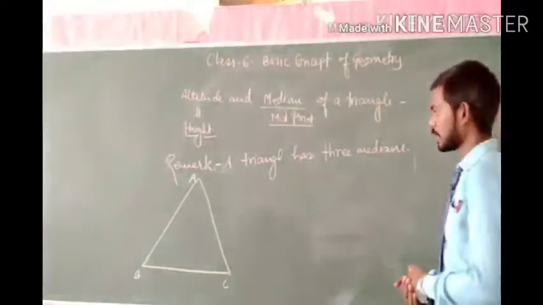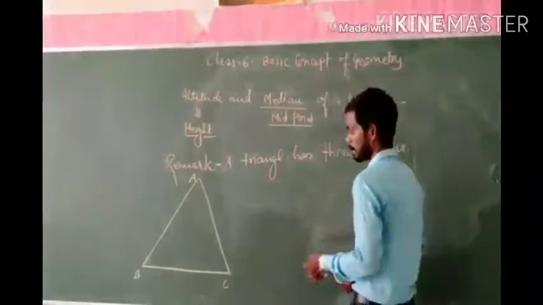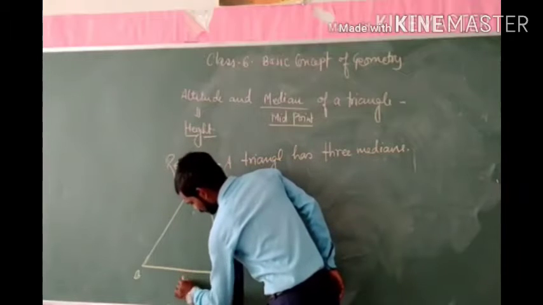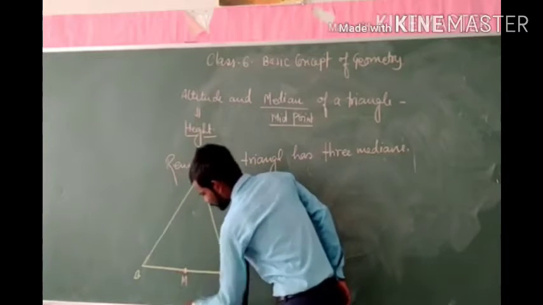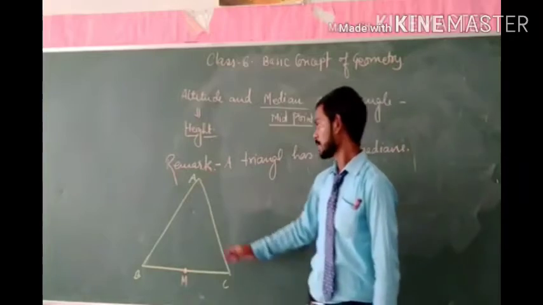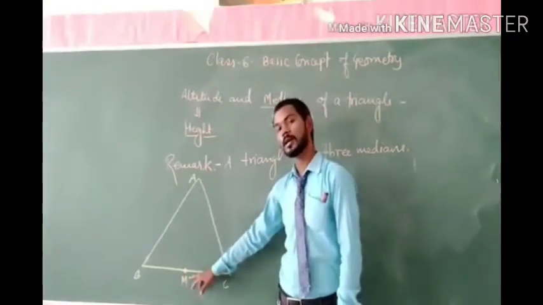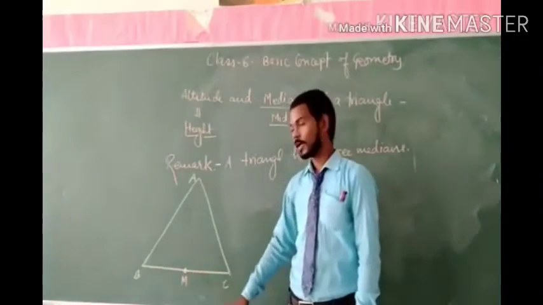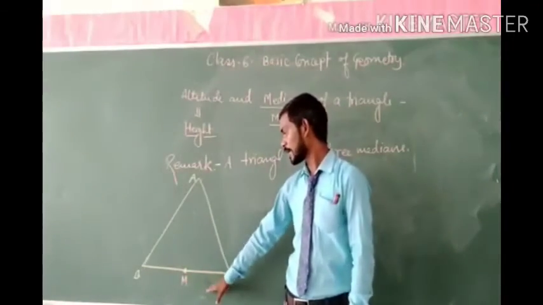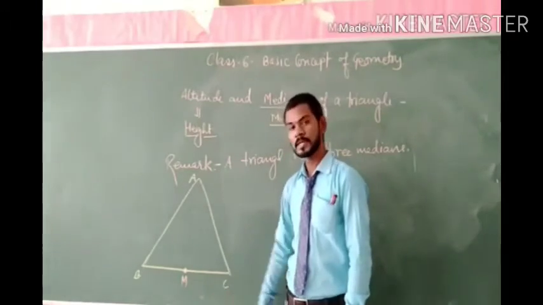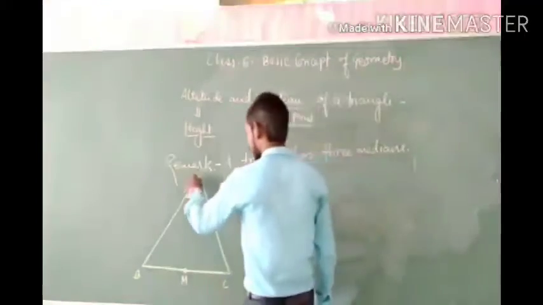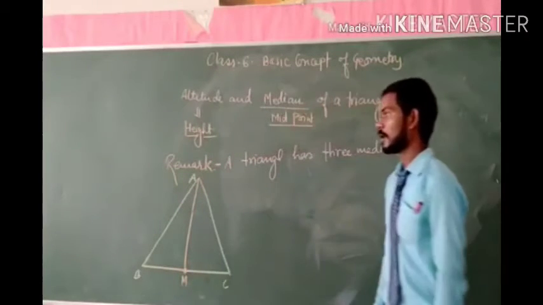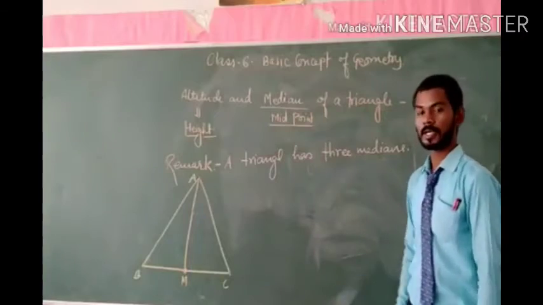Here we can see that if M be the midpoint of the side BC, then the line segment AM is known as the median of the triangle.